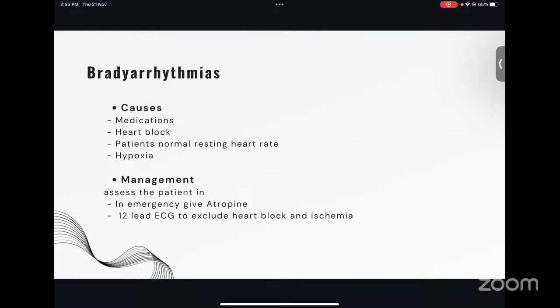Management for bradyarrhythmia: we start with assessing the patient. If emergency, give atropine and do a 12-lead ECG to exclude any heart block and ischemia.